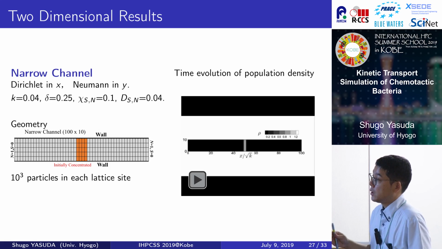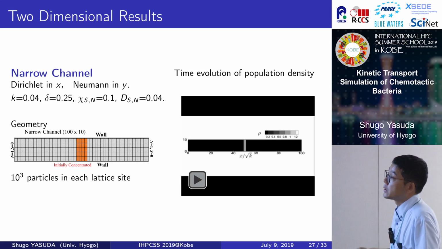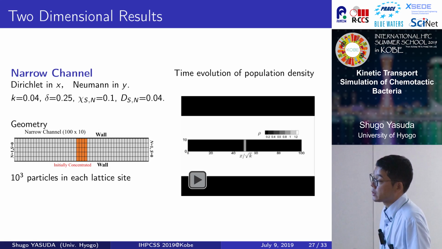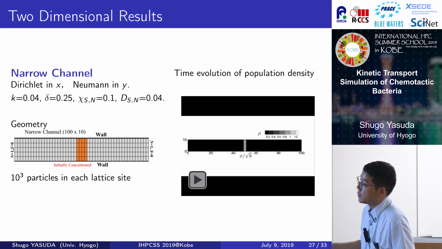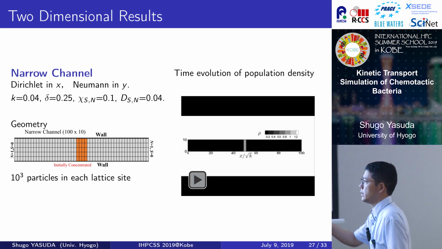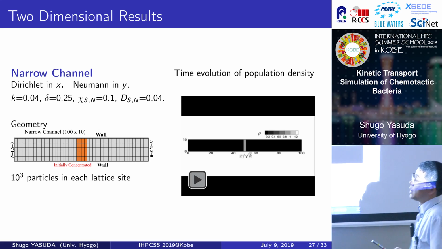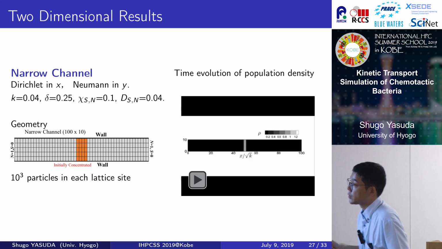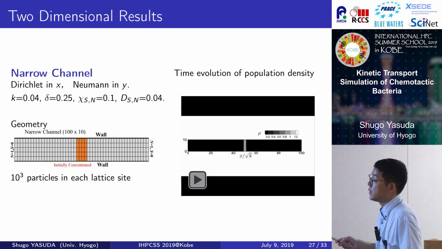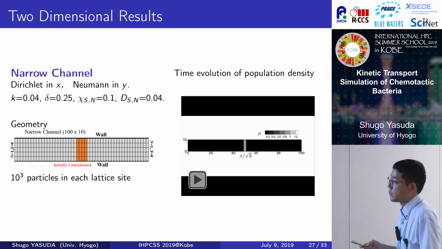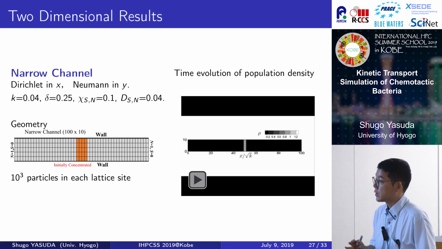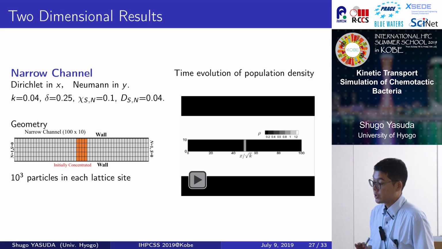At the ends of the channel, we fix the chemical concentrations. The bacteria are first accumulated in the center of the channel here. The narrow channel is divided into a 1,000 times 100 lattice system, and in each lattice, 1,000 particles are included in the uniform state.